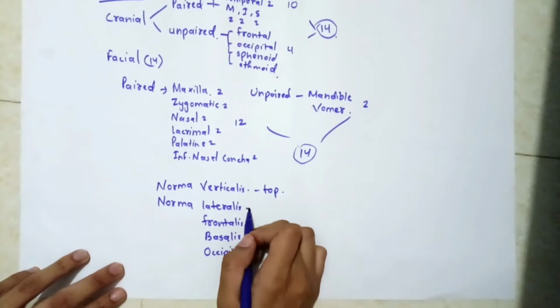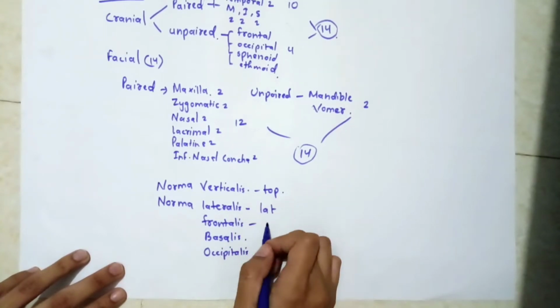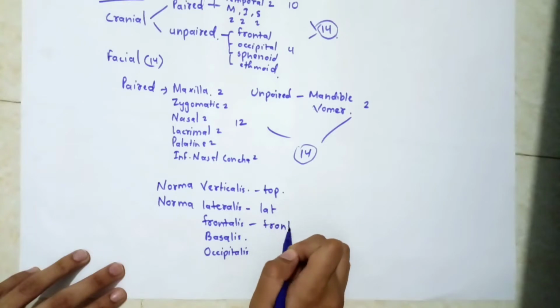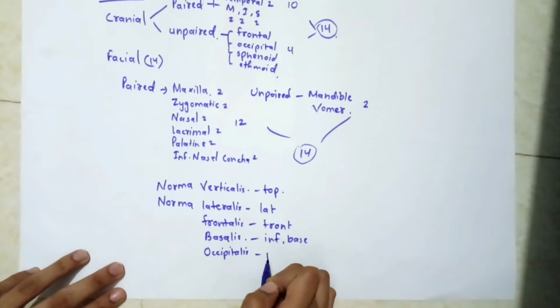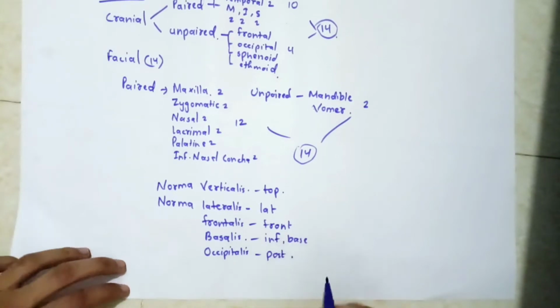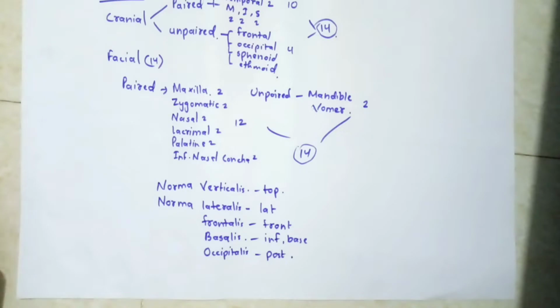So this is the top view, this is the lateral view, this is the front view, this is the inferior side or base, and this is from the posterior side. In this way we study the bones of the head and neck.